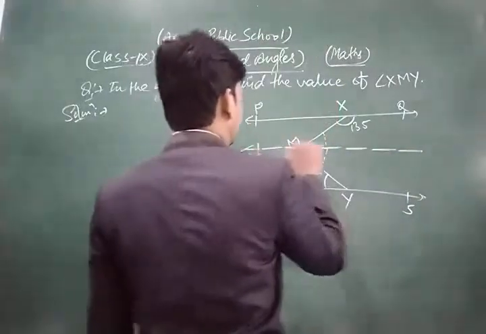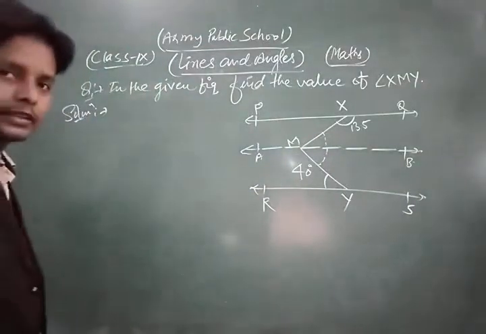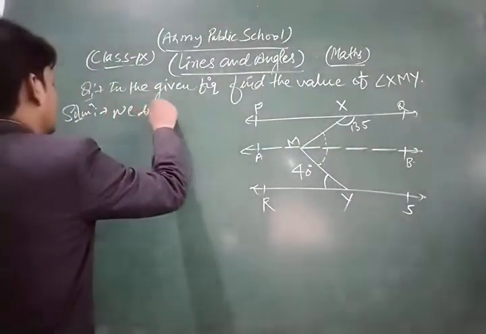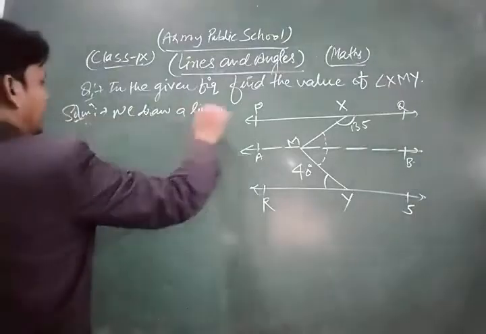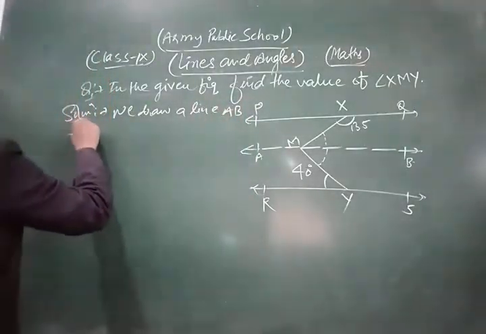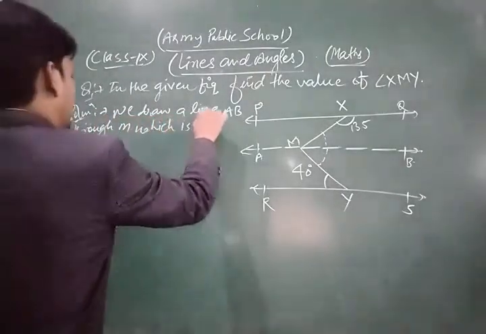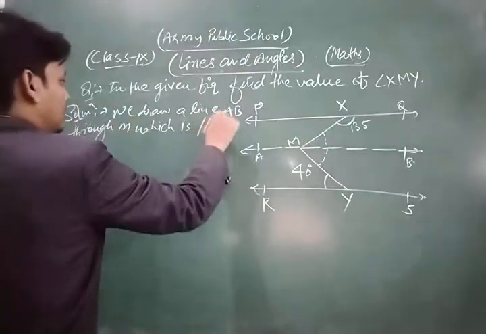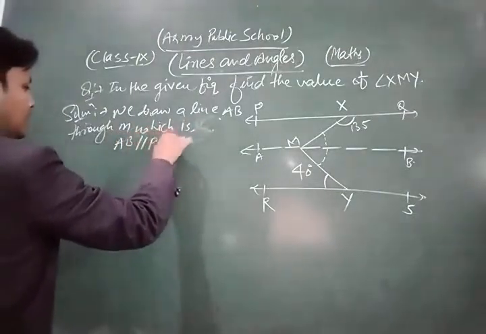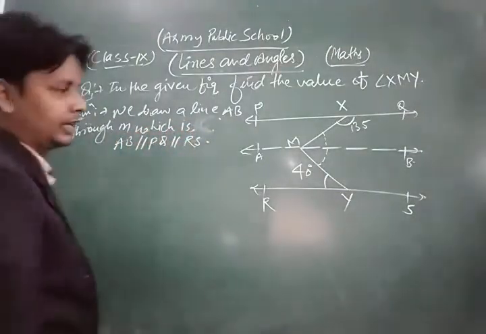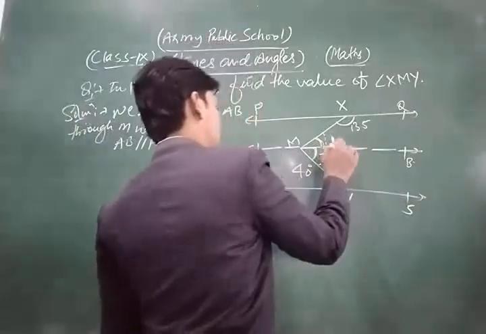Suppose that we draw a line AB through M, which means AB is parallel to PQ as well as RS, and we take this one as angle 1 and this one as angle 2.